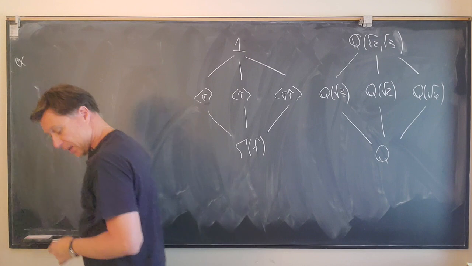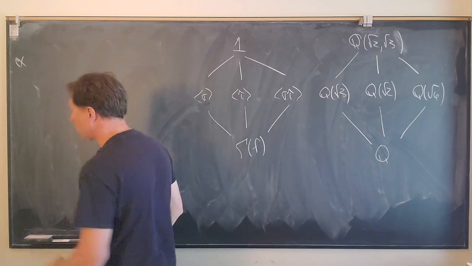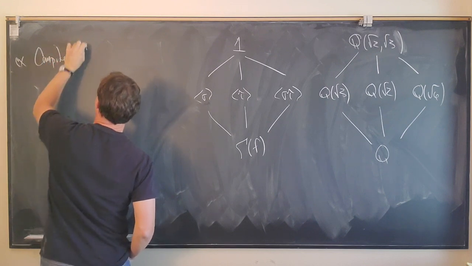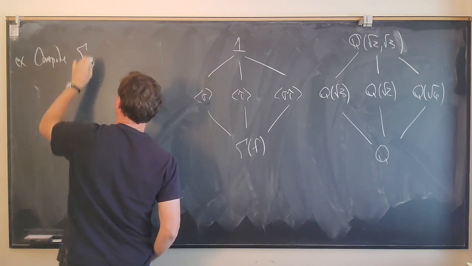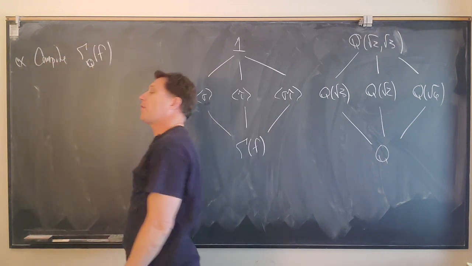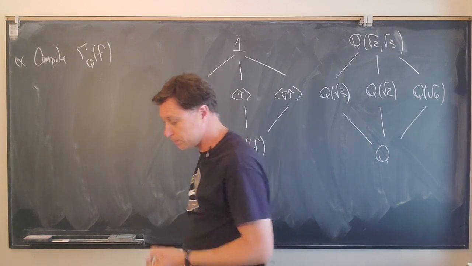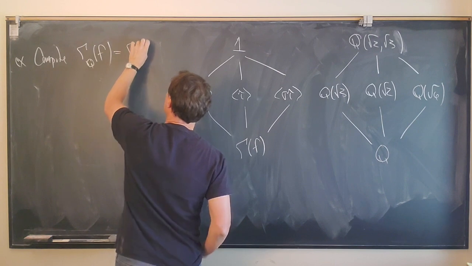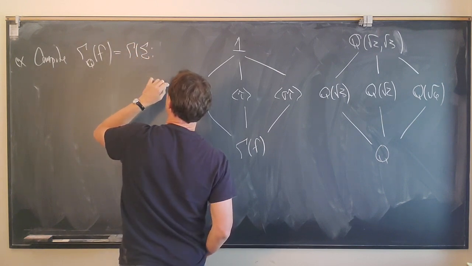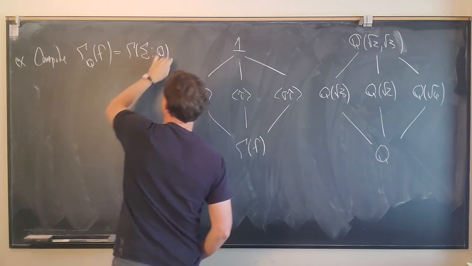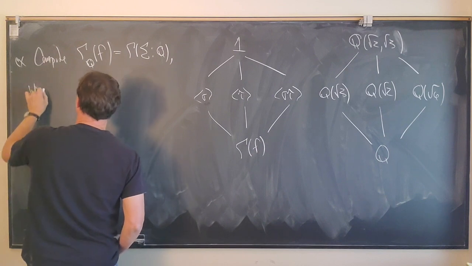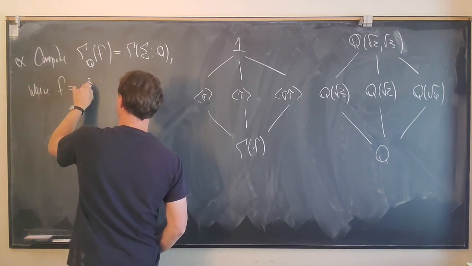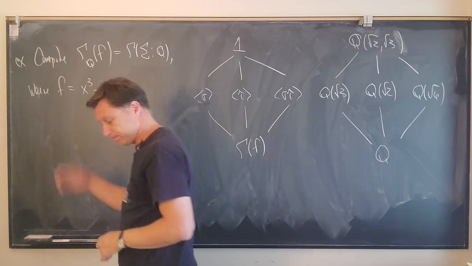Okay, so for our next example, let's compute the Galois group of the polynomial f with coefficients in Q. So this is going to equal Gamma of Sigma over Q, where f is equal to x cubed minus 2.